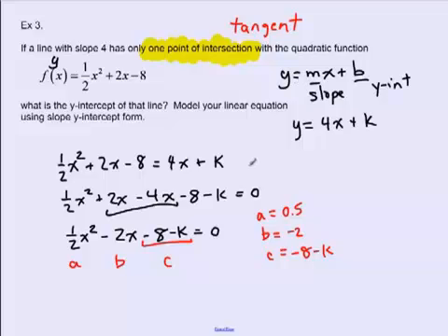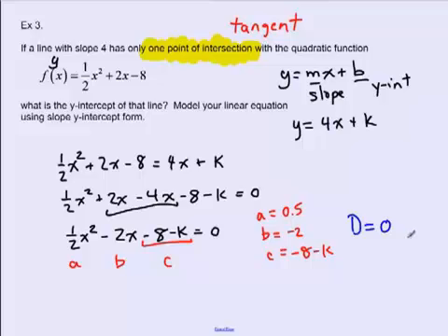But what else does it tell us when we want to use the quadratic formula? Well, we know that the discriminant has to equal what? We know the discriminant needs to equal 0. Right?